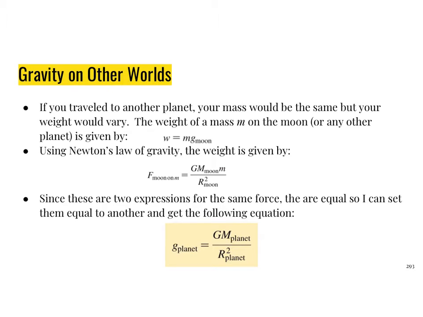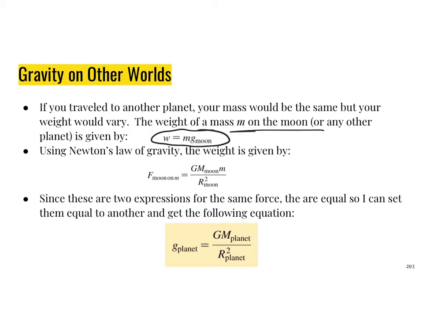So on other planets, I can use this concept of gravity and Newton's law for gravity. For example, I could calculate how much you would weigh on the moon. On Earth, the weight is mass times gravity of Earth. On the moon, it's mass times gravity on the moon.